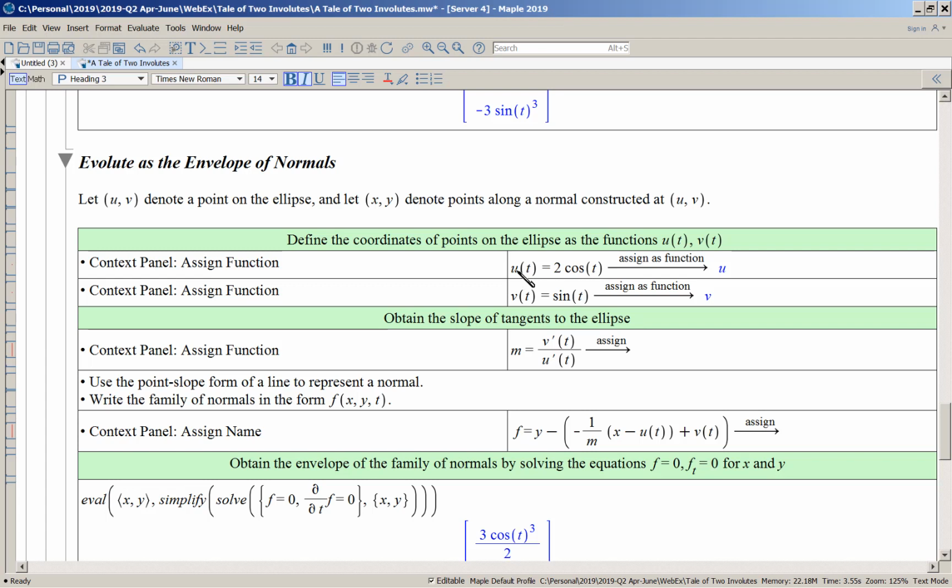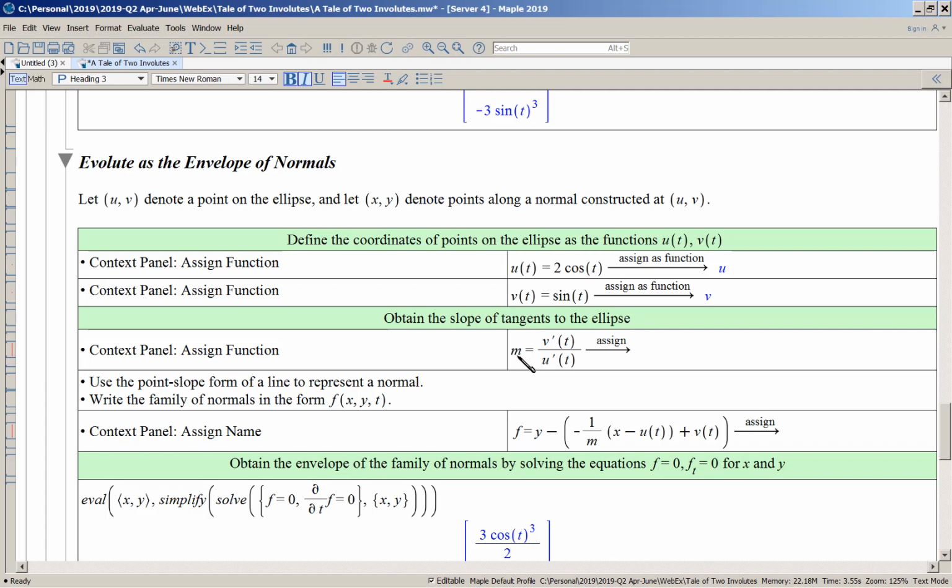And I want u and v instead of x and y. x and y will be the coordinates along a normal line. u and v will be the coordinates of a point on the ellipse. And since I'm describing the ellipse parametrically, if I want a slope along the ellipse, I have to use v prime over u prime, and I'm going to call that m.